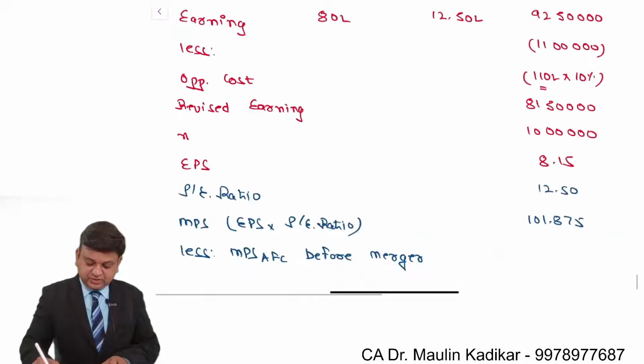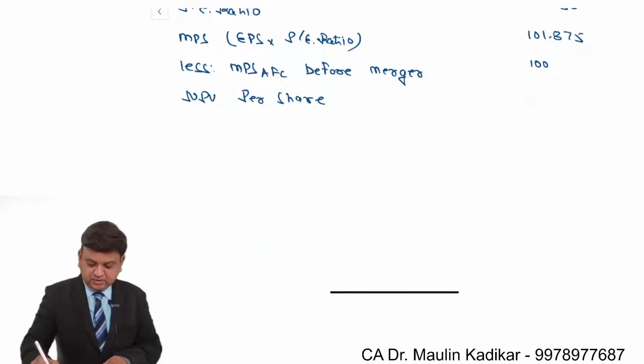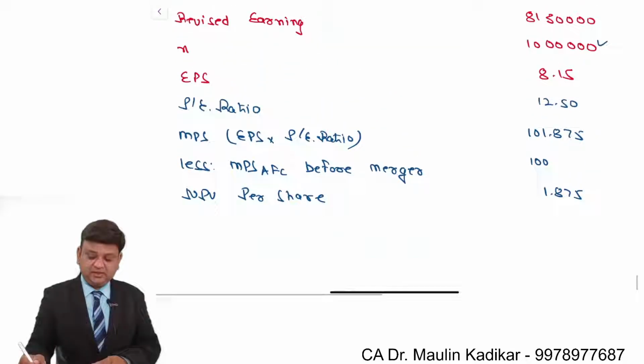So post acquisition, we understand that there is NPV per share, or increase per share. It is 1.875. Number of shares of AFC Limited is 10 lakhs.